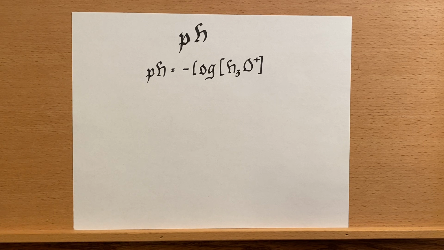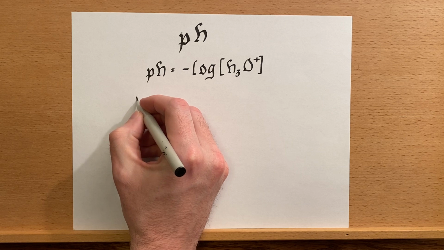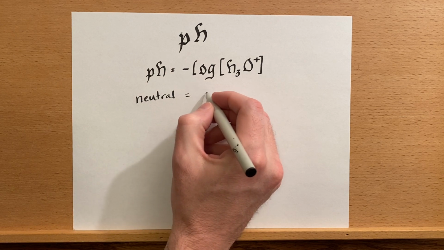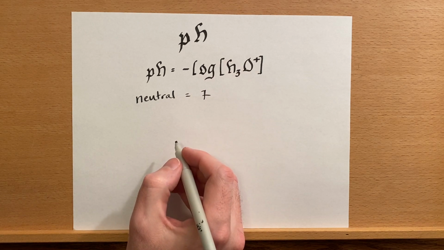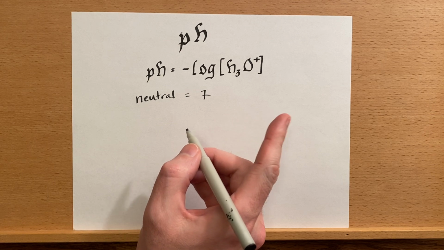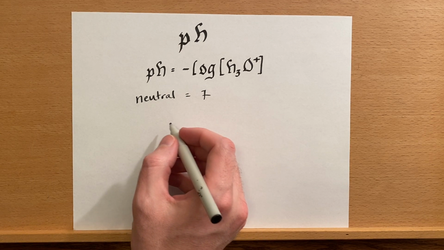So how do we use the pH scale? Well, a neutral pH, as you might know, has a value of 7. And if we go higher than that, we would have a basic solution. And if we went lower than that, we'd have an acidic solution.